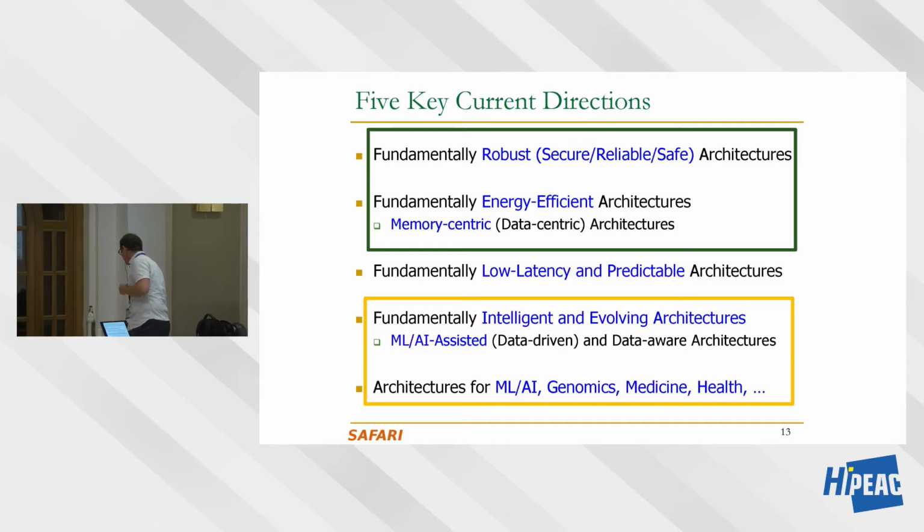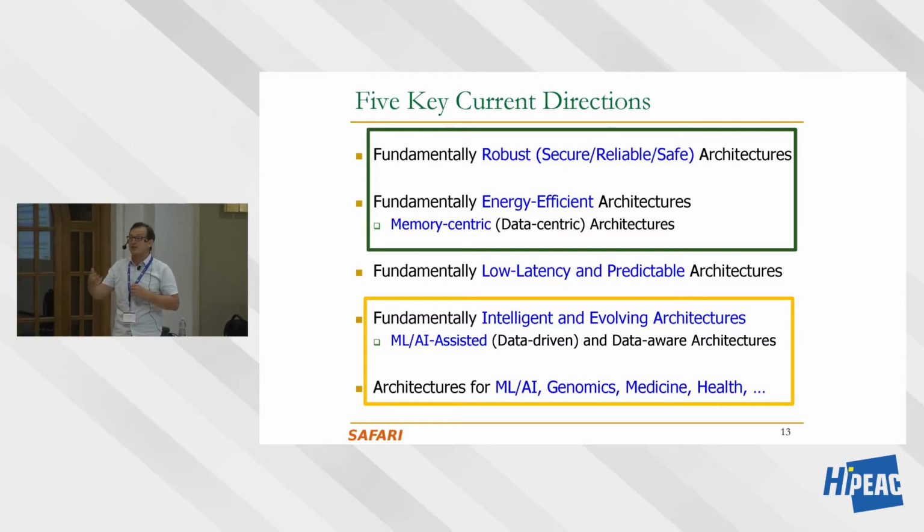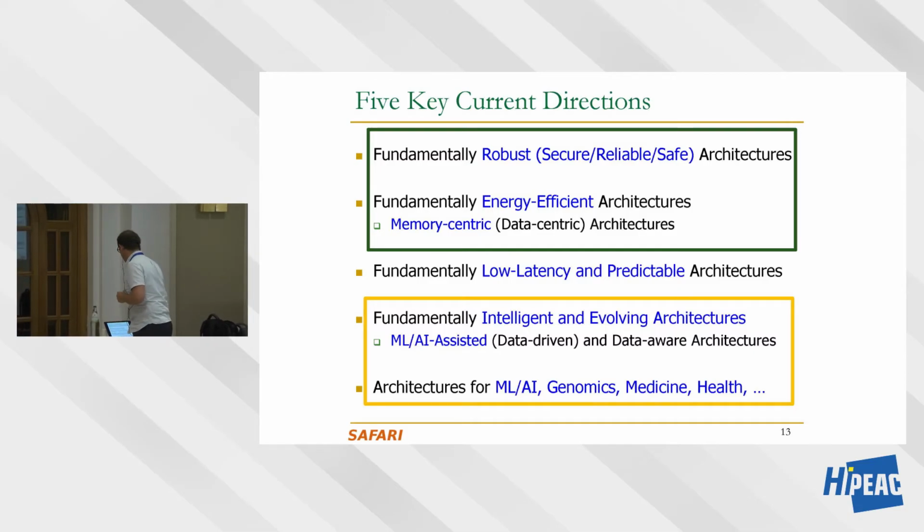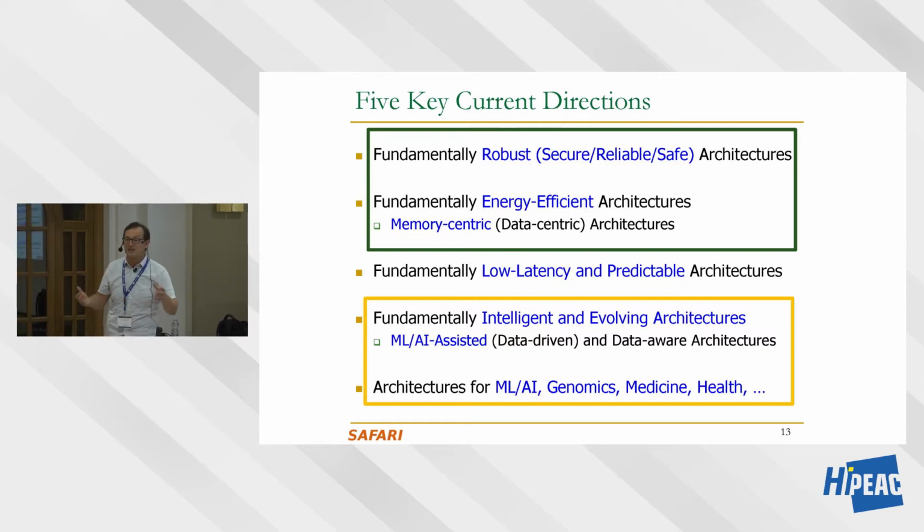But also, how do we build fundamentally intelligent and evolving architectures? Architectures that can learn from their actions over time and get better. And here we're going to look at machine learning assistants and data-driven architectures and data-aware architectures. Let's see how much we can cover. And of course, like everybody should be doing, in my opinion, specialization is very important.